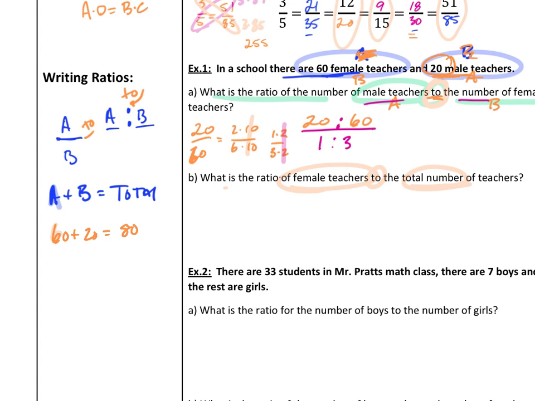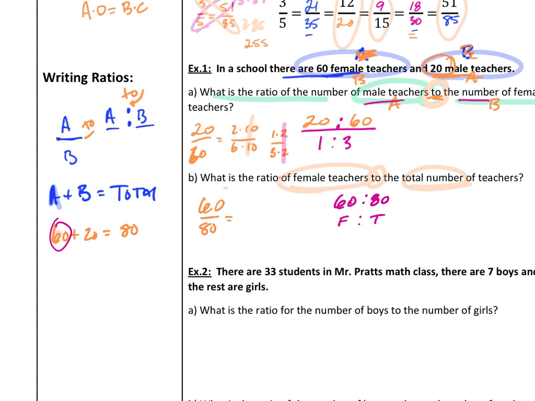So they want us to write the ratio of female teachers, which is 60, to 80. You might put down female to total underneath here, so you keep it labeled what you're trying to do. I would, to keep myself safe. Now when I write that out as a fraction, I'm going to say that's 60 over 80.